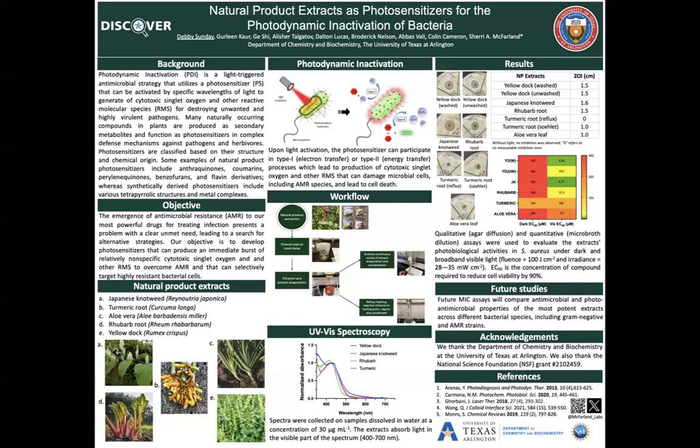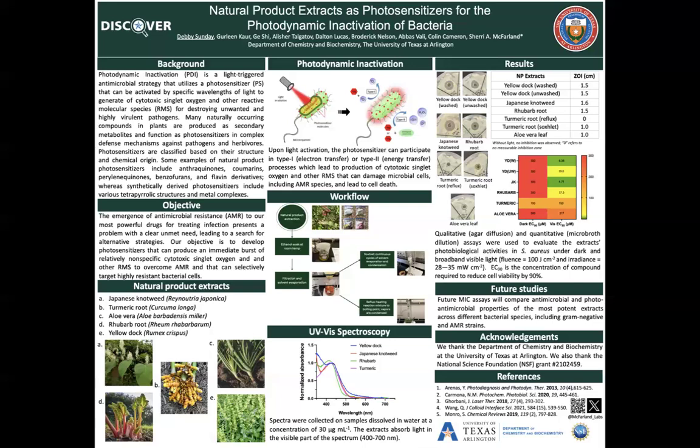These plates then undergo light treatment, or at least the light plates undergo light treatment, and then after 24 hours of incubation, we observe the zones of inhibition, or essentially the area in which our extracts were able to kill the bacteria surrounding it. These results are summarized in our table.